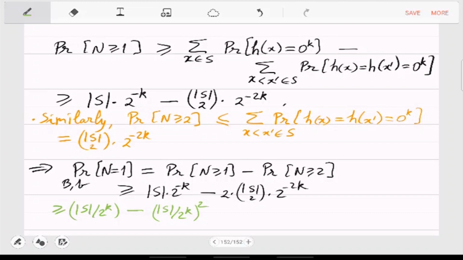So use that, and so using the estimate, you can actually show that this is 1/4 minus 1/4 square, okay, which is greater than 1/8.